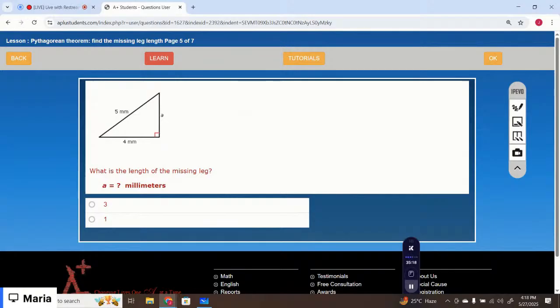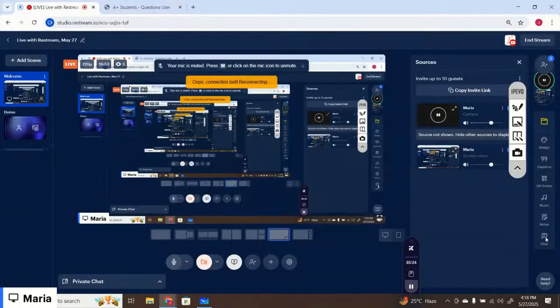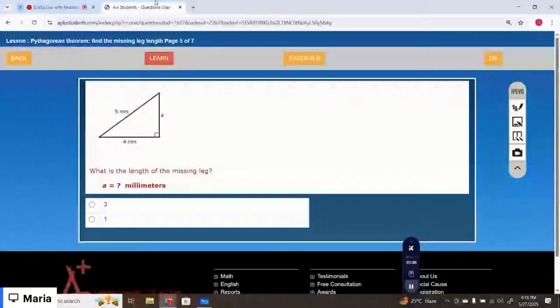What is the length of the missing leg? Which is the correct option? The correct option is C millimeters.